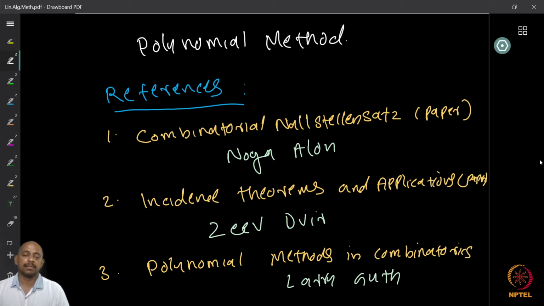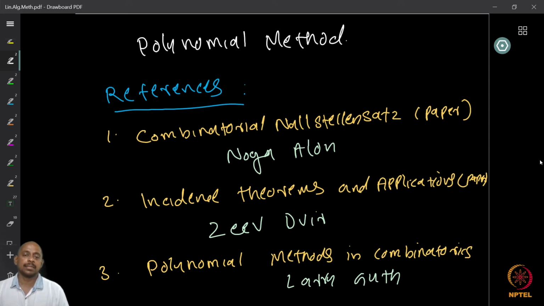This covers the topics that we have mentioned, and the topics that are covered in the earlier papers on which this book and several of the techniques of the polynomial method are based.